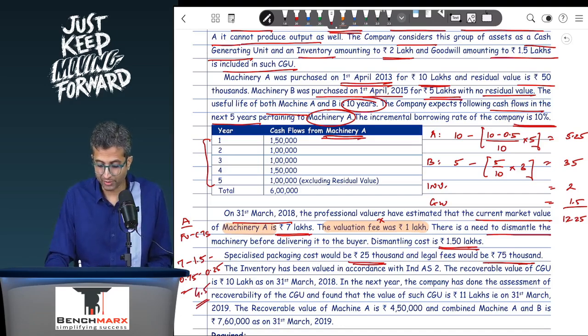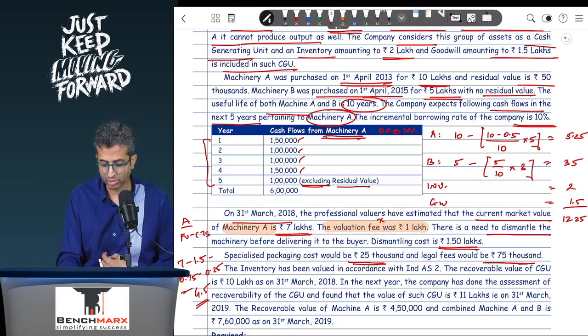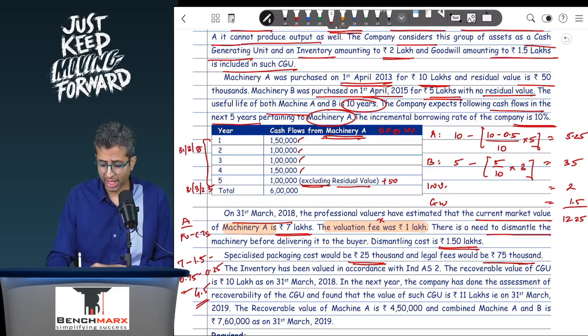Now, if I want to find the value in use for machinery A, I will take the discounting factor as given above at 10%, with cash flows of 1 lakh 50, 1 lakh, 1 lakh, 1 lakh 50, and then 1 lakh, excluding the residual value. Somewhere at the top you have been given that the residual value of machinery is 50,000. These must be cash flows from 31st March 18 all the way up to 31st March 23. Residual value of 50,000 will be added over here.